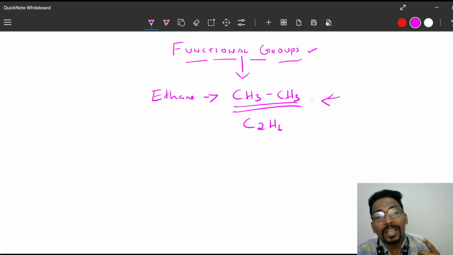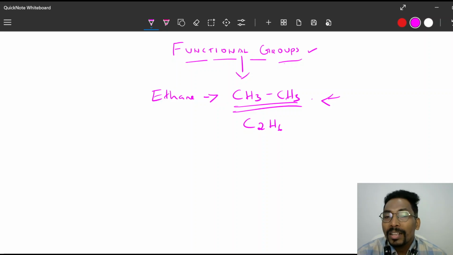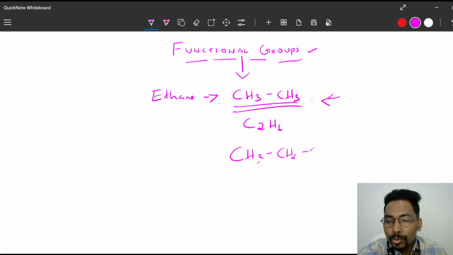So the functions of that hydrocarbon get changed on the addition of this group or atom to that compound. For example, if I am adding one chlorine to this compound, it will become CH3CH2Cl.